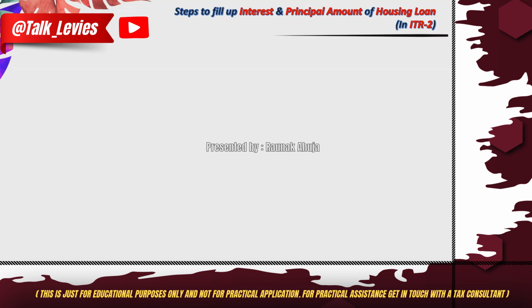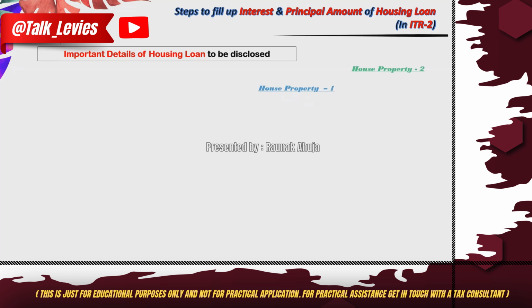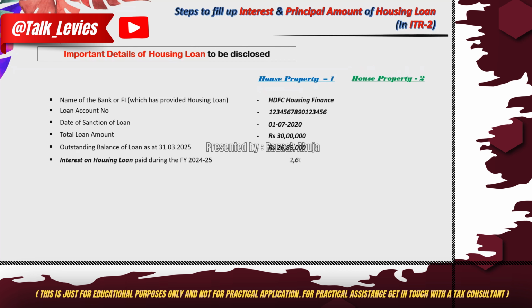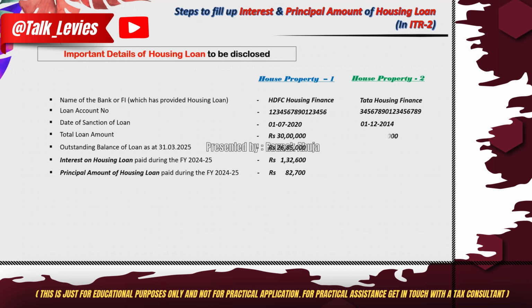Let's see what all details would be required. Name of the bank, the loan account number, the date of sanction of loan, the total amount of loan, outstanding balance as of March, interest on housing loan paid, and the principal amount of the housing loan paid during the financial year 2024-25.